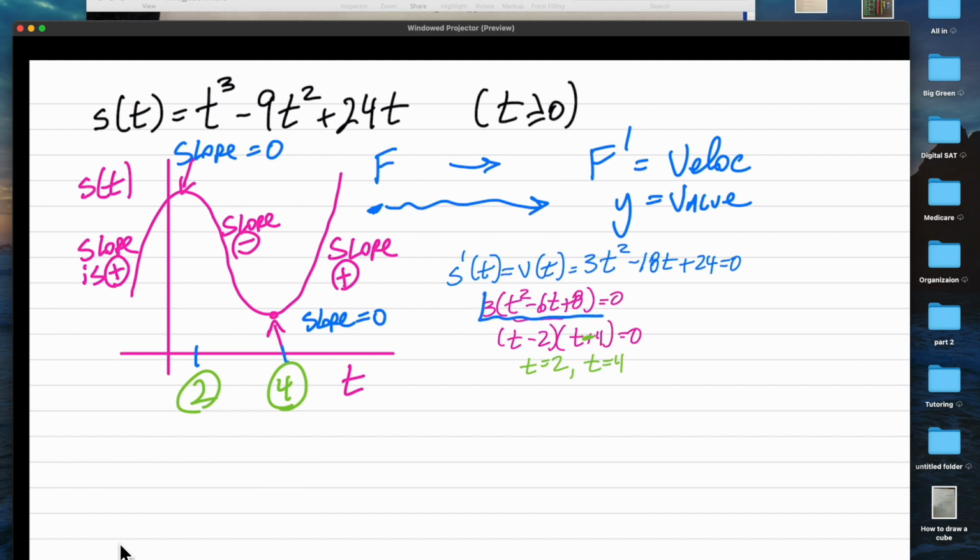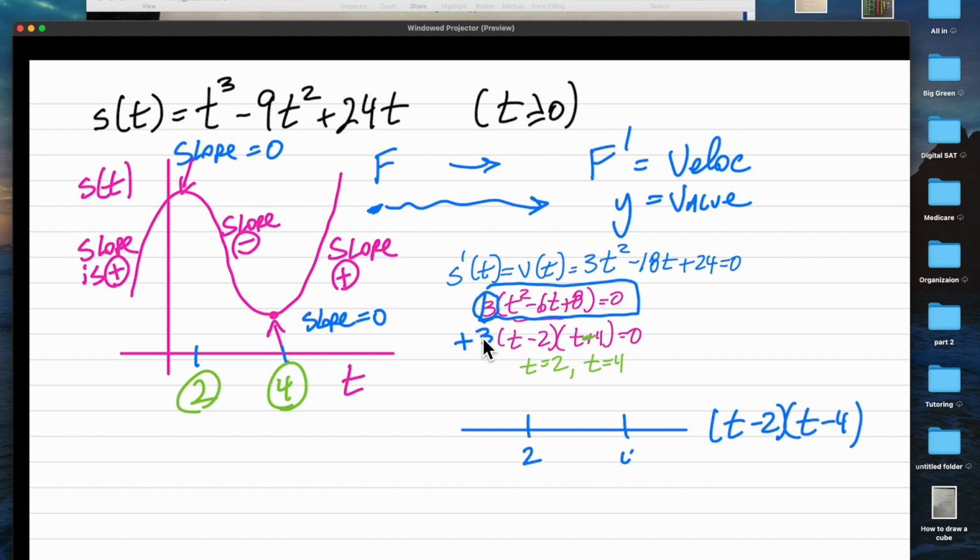So here's our first derivative right there. We do not need to include the 3 because it does not change the sign. Any positive factor is not going to change the sign when you do a sign analysis. So let's go ahead and put the rest of the first derivative, which is here, and do a sign analysis.